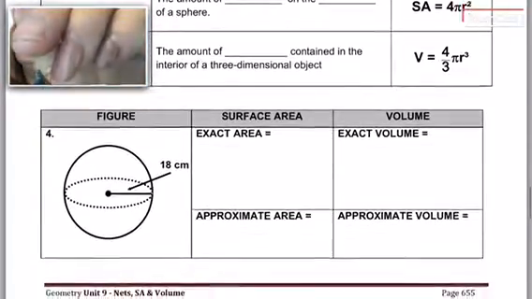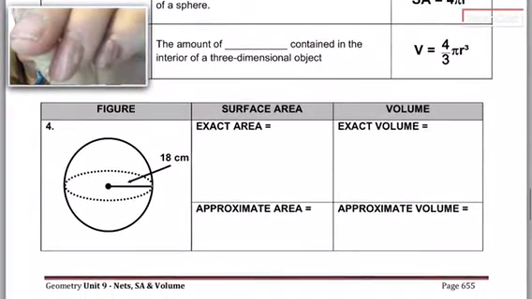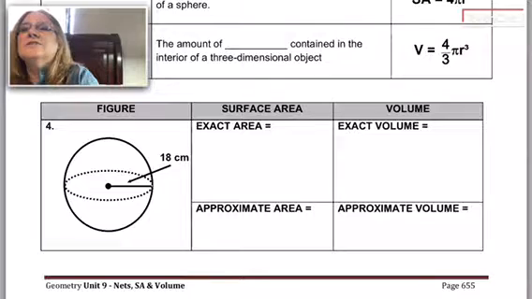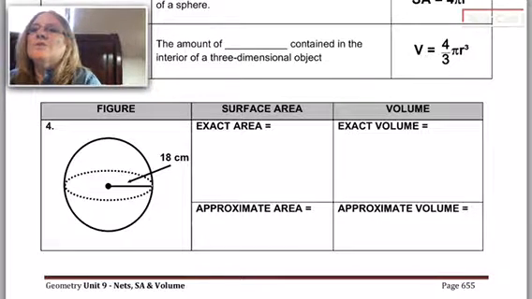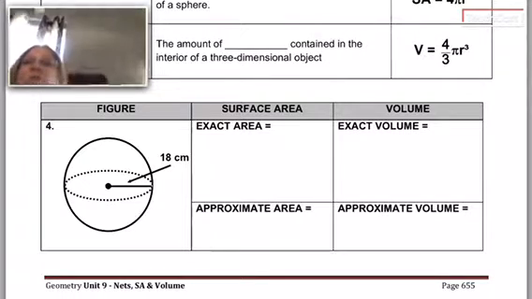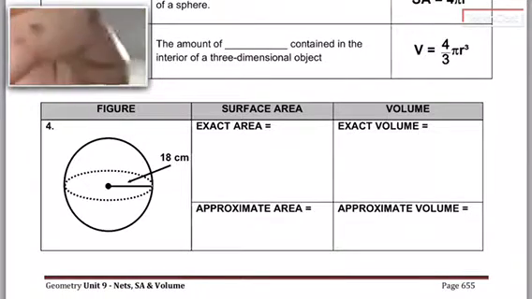So here are our formulas, or they didn't give them to us. Okay, so we're just going to start with a circle. Well, no, let me give them to you. I guess they did. I'm sorry, I am a little bit sick right now.